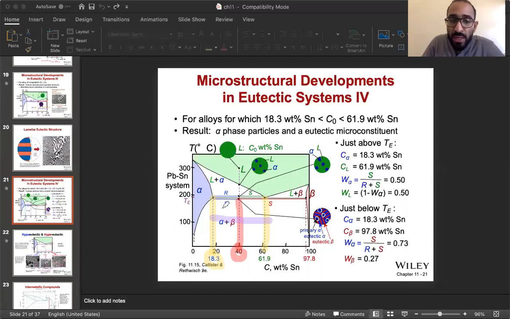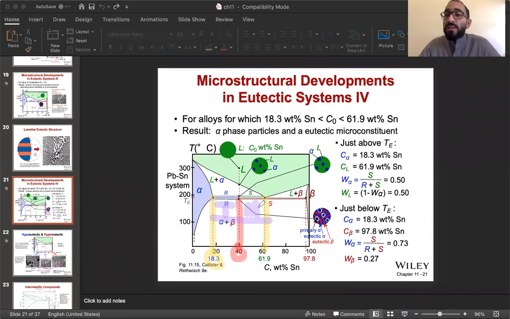So if you call this one T and this one M, and you want to know how much primary alpha you have, we're going to say the opposite side, M over T plus M, gives you the primary alpha.